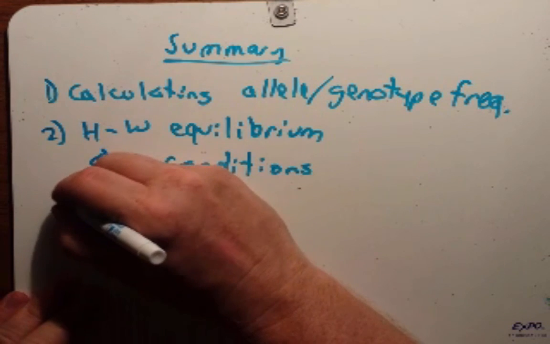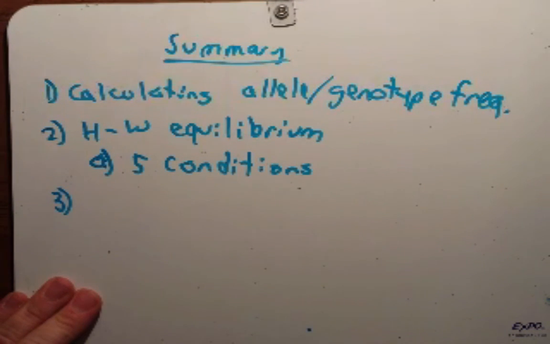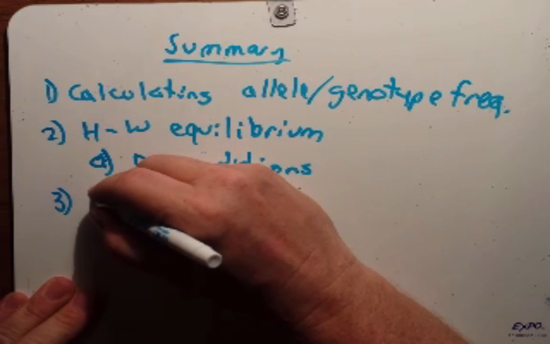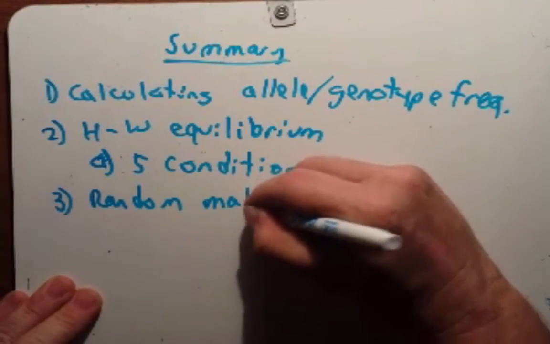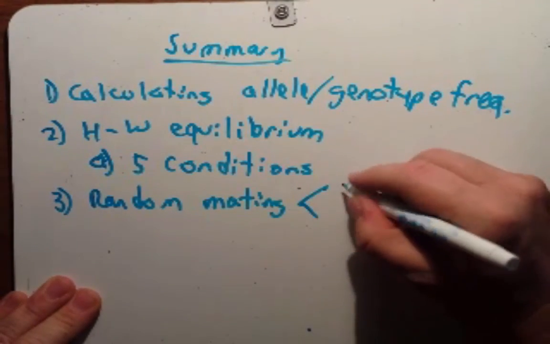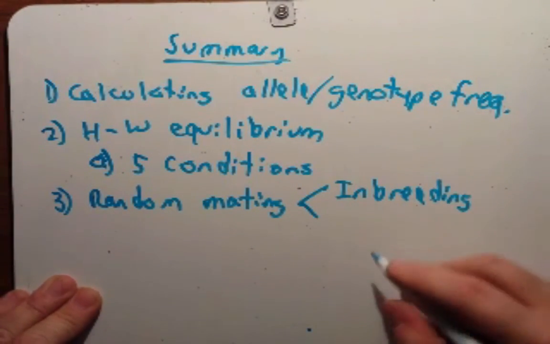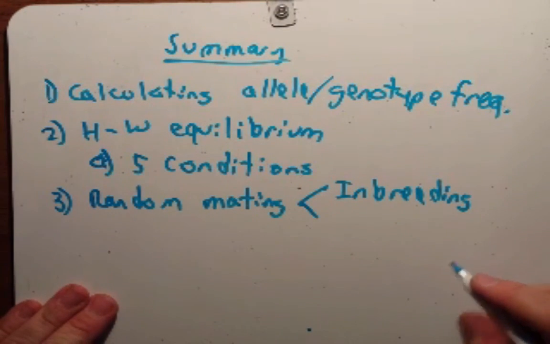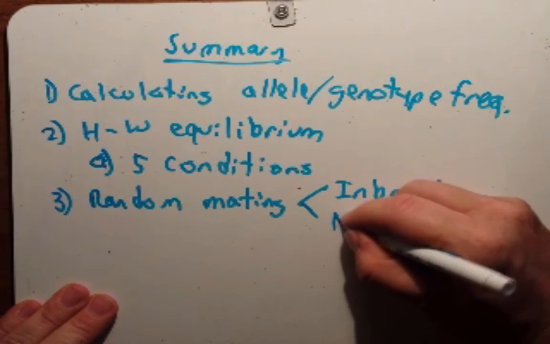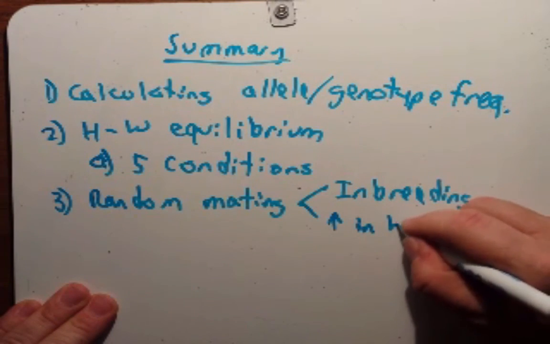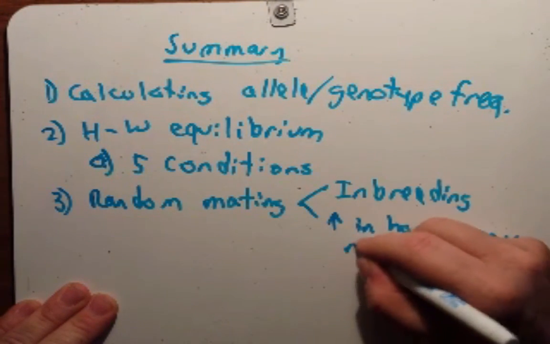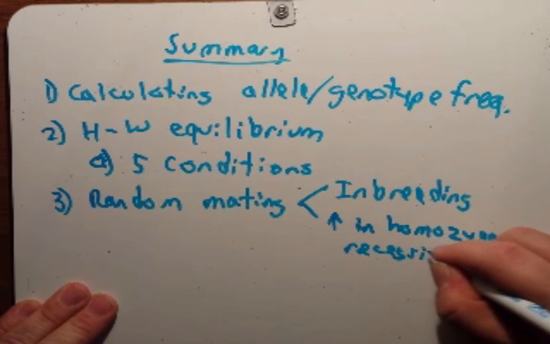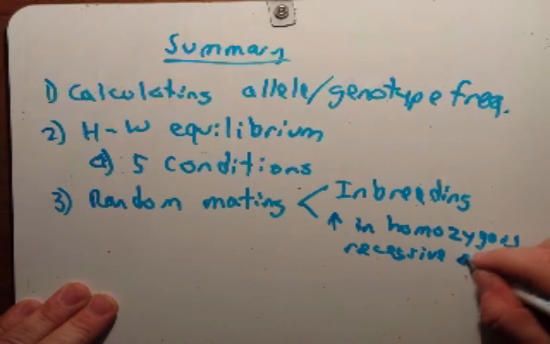We spent some time talking about one of those conditions when it is no longer held in check, and that was random mating, and how when you don't have random mating, that can lead to inbreeding, and how the inbreeding in that sheep population that we talked about as an example can lead to an increase in homozygous recessive sheep, or individuals, I'll say.